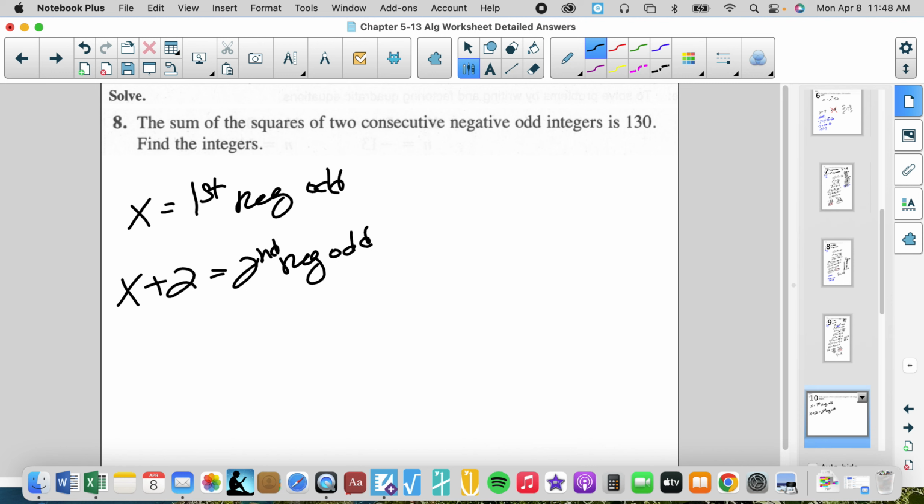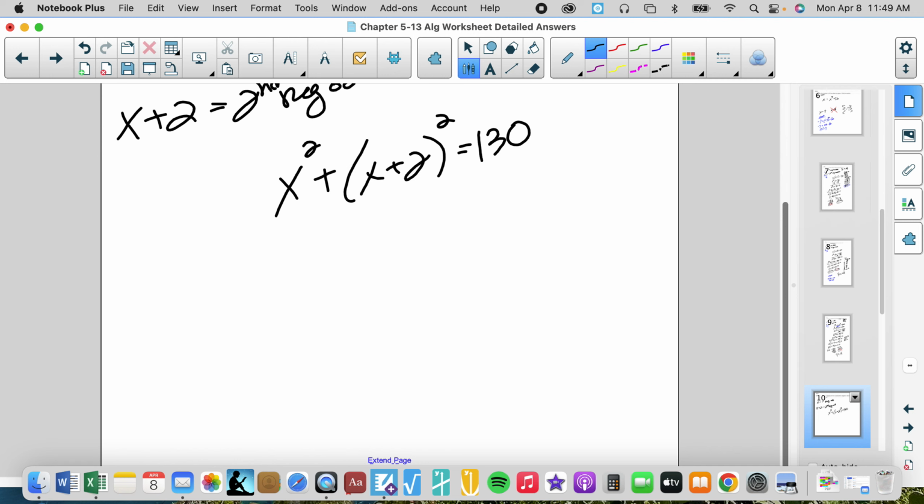And the sum of the squares, so the sum of those two squares is going to equal 130. What? Oh, sum of the squares, okay. I was like, how can that be positive?